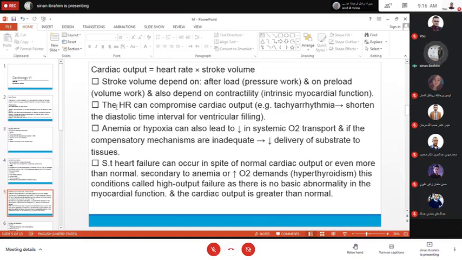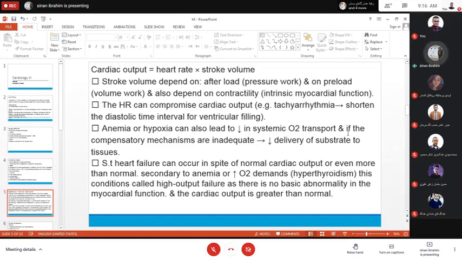As we said previously, the heart rate can compromise the cardiac output, like tachyarrhythmia. This will shorten the diastolic time interval for ventricular filling, and lead to heart failure. Also, anemia or hypoxia can lead to decreased systemic oxygen transport, and these compensatory mechanisms are inadequate and will decrease the delivery of substrate to the tissue.